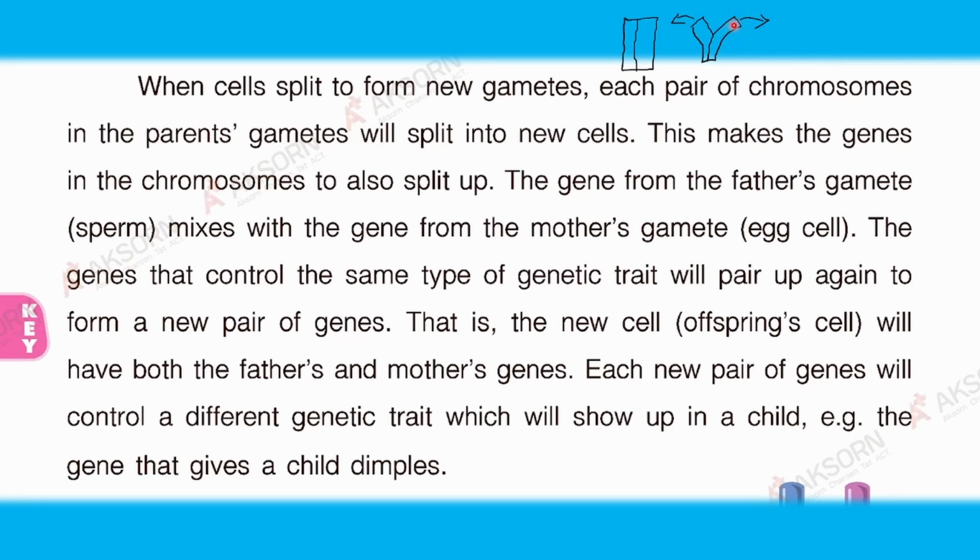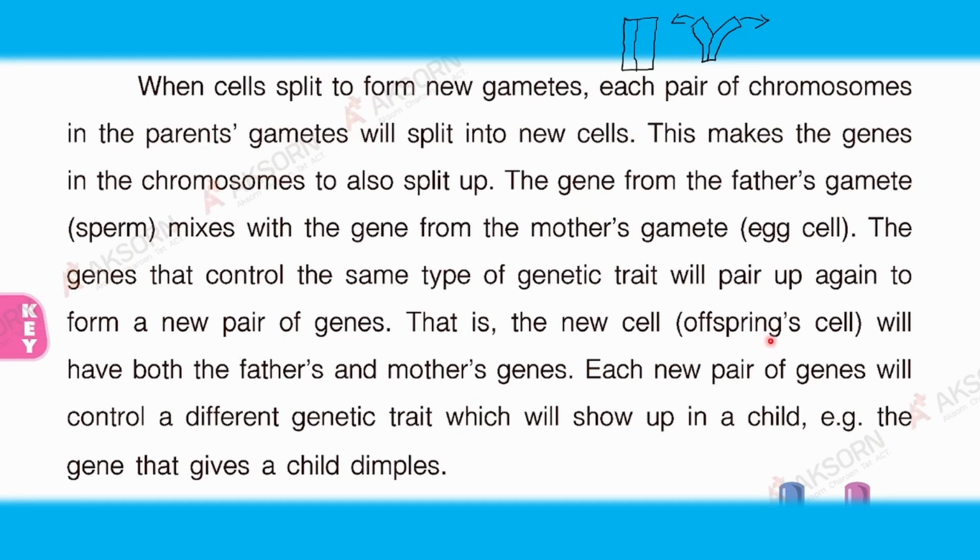So you will have one half from the father and one half from the mother, and they will join together to become one. That is the new cell, offspring's cell, will have both the father's and mother's genes.